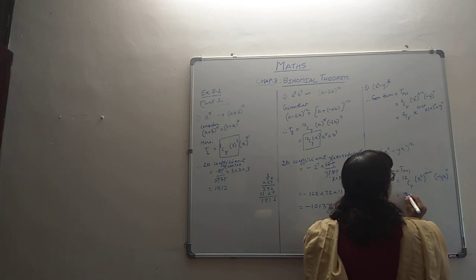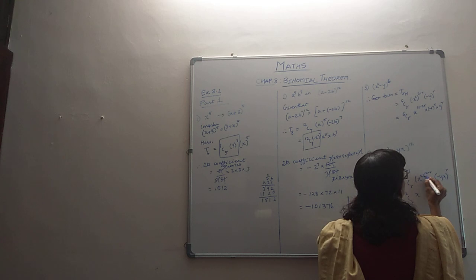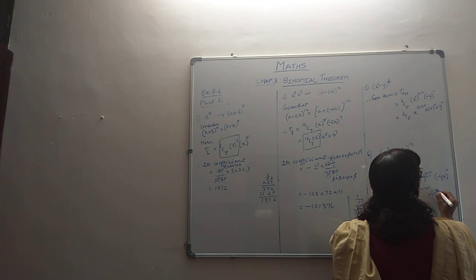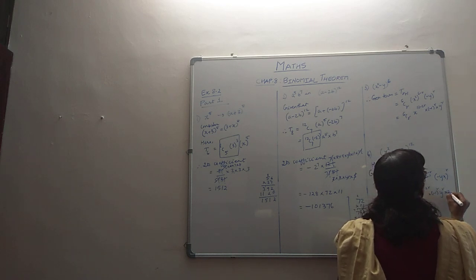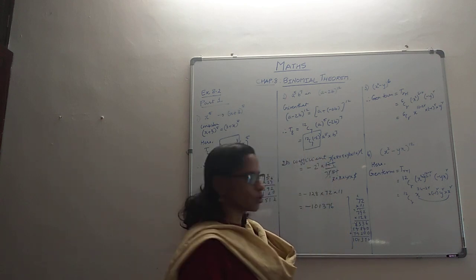So let's see how this is coming. 12Cr, they expect you to solve this. x raised to, opening up, 24 minus 2r into minus 1 raised to r, y raised to r, x raised to r.